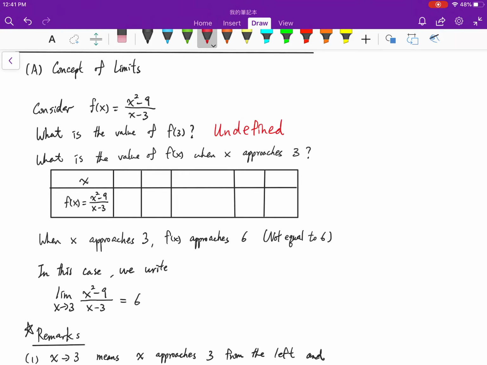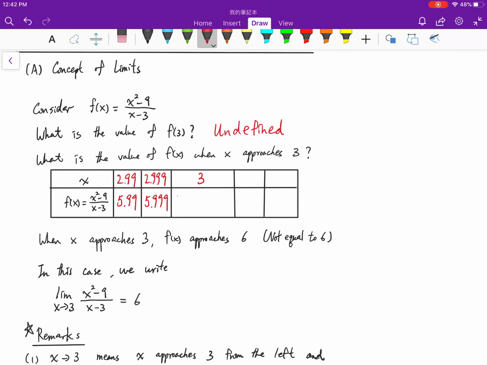Let's use the table below to find it. If we consider x is 2.99, then you will find f(x) is 5.99. How about if x is closer to 3, which is 2.999? Then you will find this is 5.999.